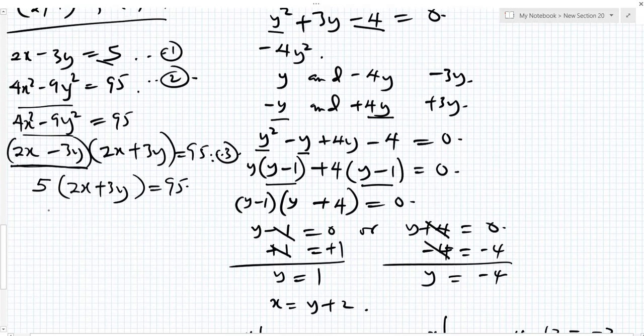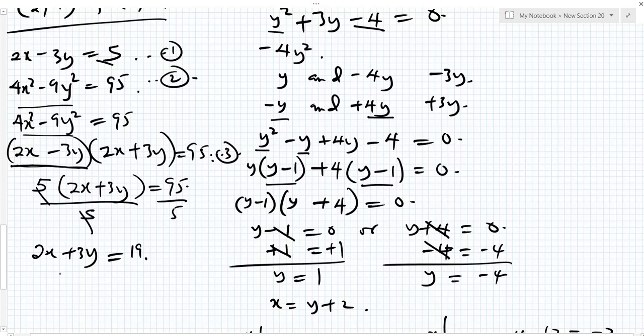Now if you divide all through by 5, this will cancel this, and you're left with 2x plus 3y equal to 95 divided by 5, which is 19.